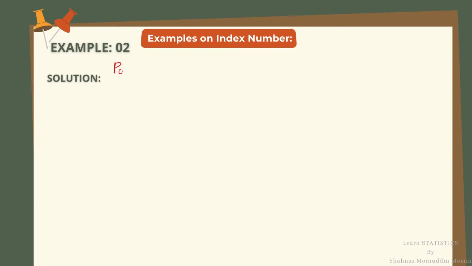Fisher's price index number is given by P01F. It is nothing but the geometric mean of the Laspeyres and Paasche price index number. So it is under root P01L into P01P.